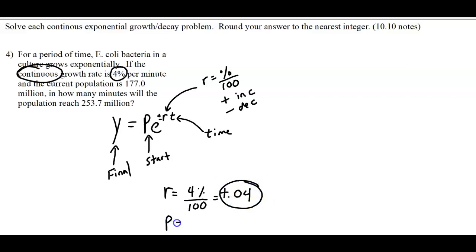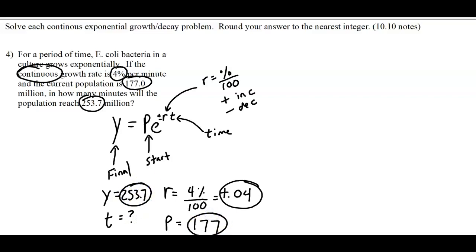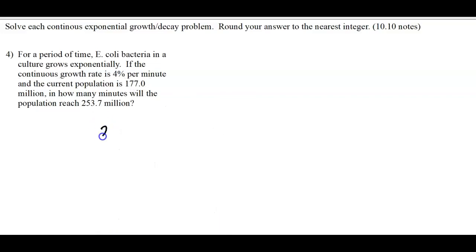My p value, the starting amount, they tell us is 177, and then my final amount, y, is 253.7 million. T is what I'm trying to find. So I'm going to be plugging in these 3 values, and I'll be finding the t value.